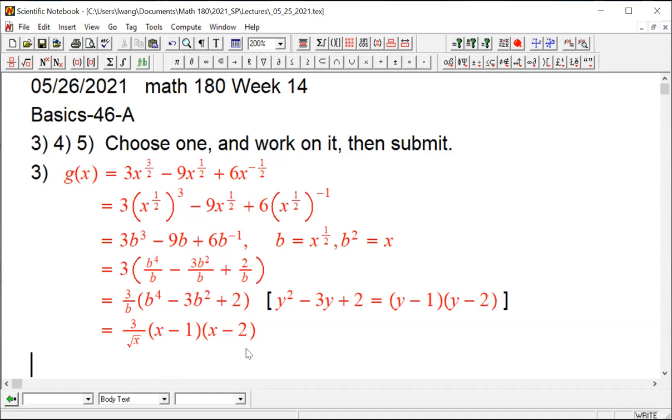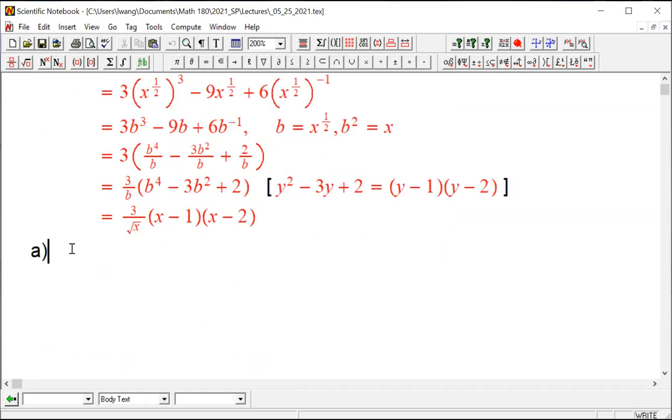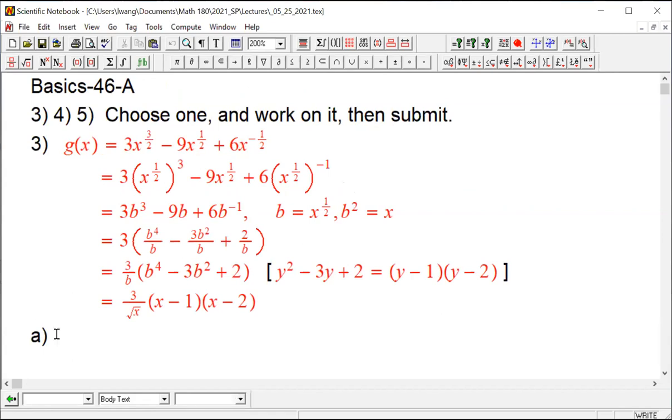Okay, so A. The A we have simplified, right? And that's simplified A. I'm going to put A over here.